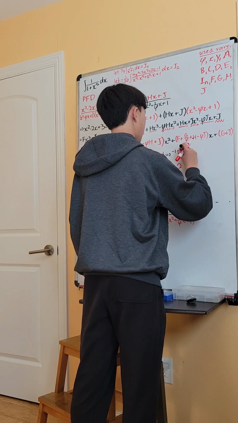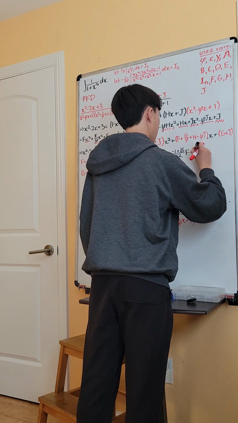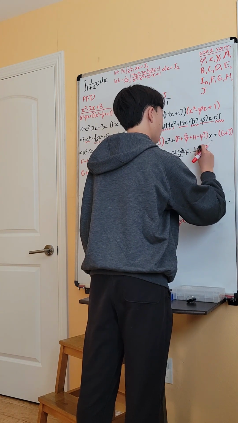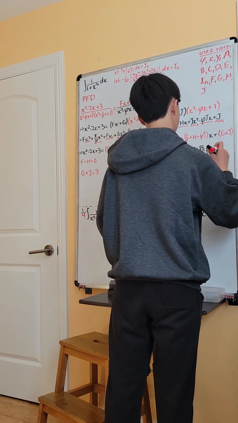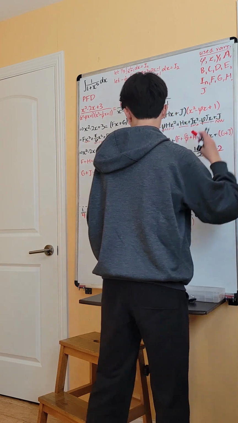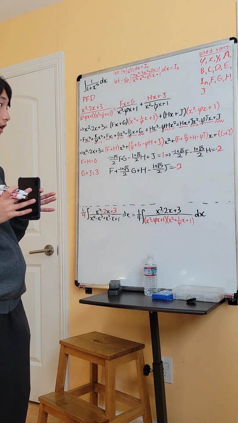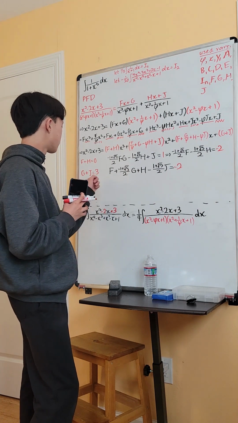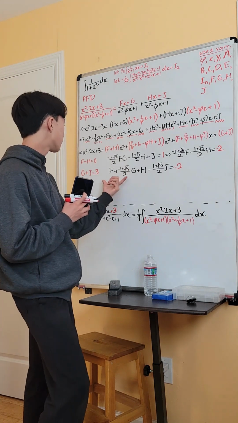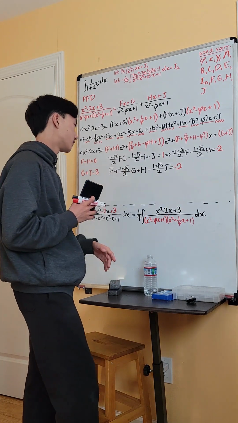Negative 1 plus root 5 over 2 times f minus 1 plus root 5 over 2 times h is equal to negative 2. So it doesn't appear as if I did anything wrong necessarily. We'll see. g plus j equals 3. Now here we use f plus h equals 0. We can just ignore those two.